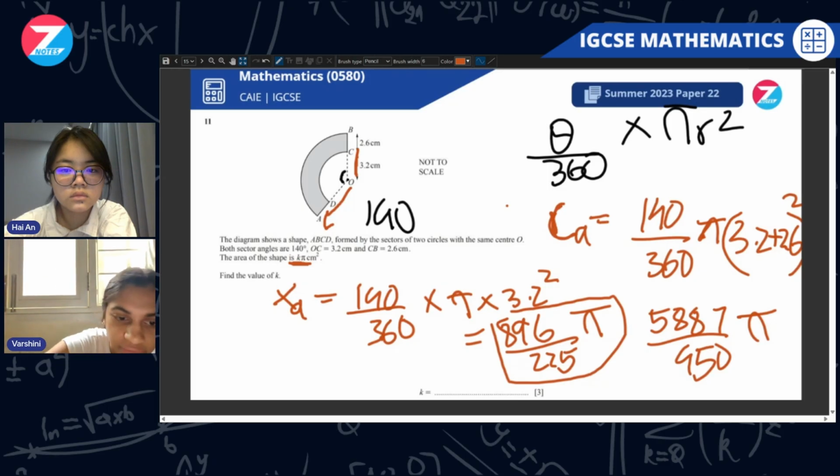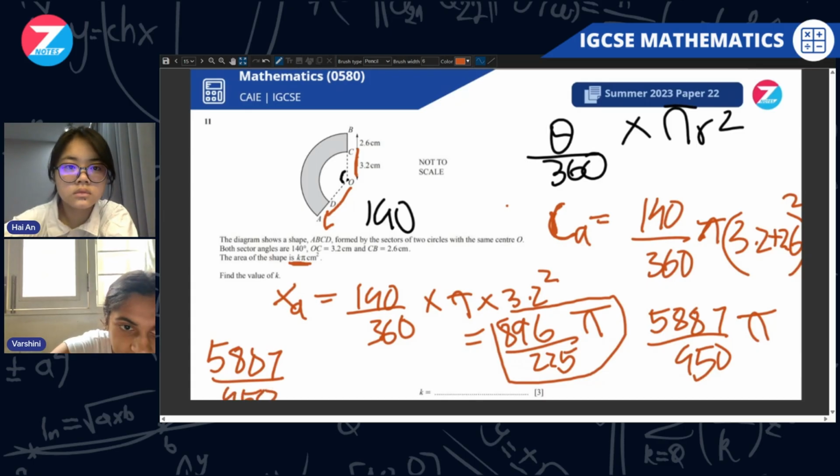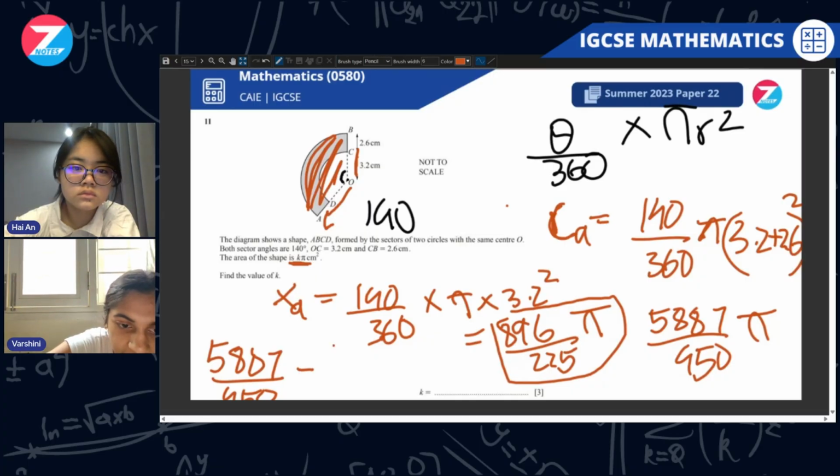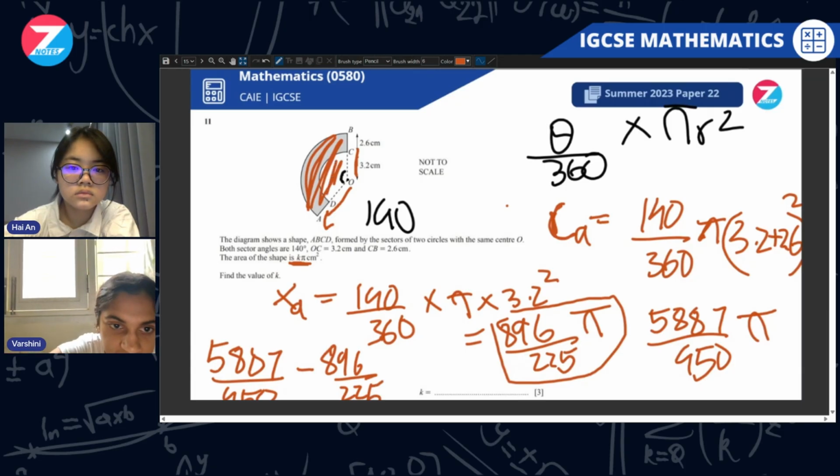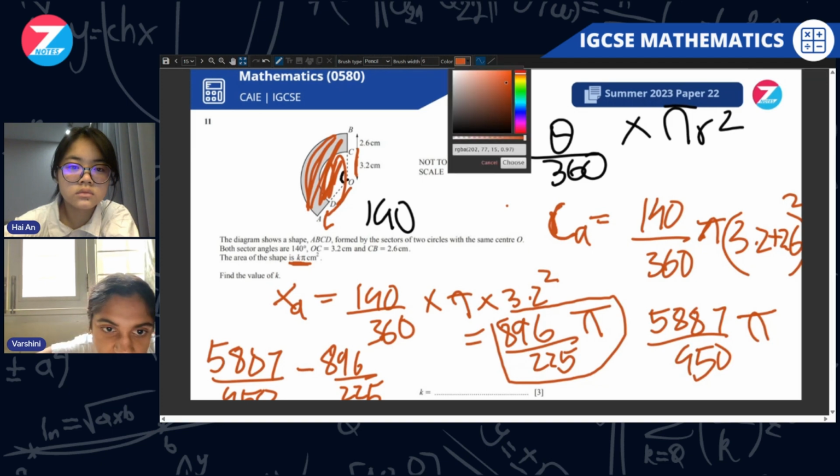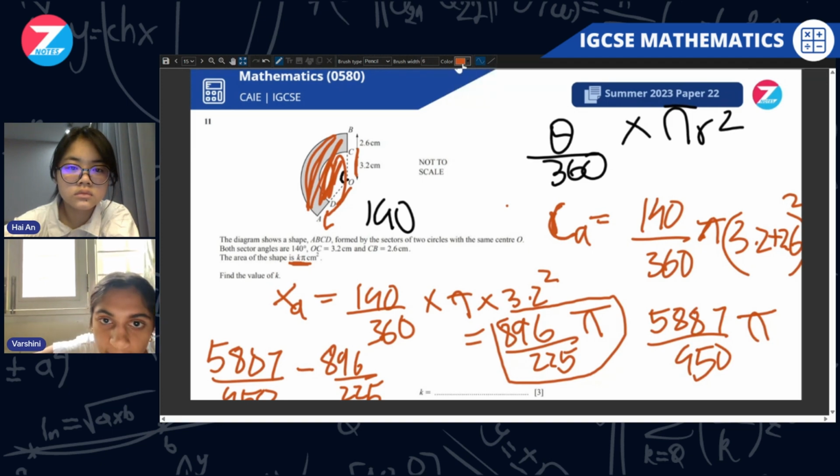So now what we have to do is 5887 by 540, which is the value of the entire thing, minus 896 by 225, which is the value of this area.